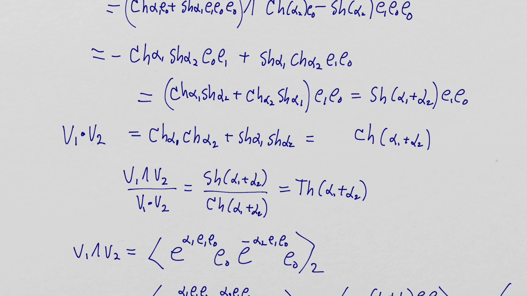And likewise, we calculate v1 dot v2, and we get the same sort of thing, but it is the hyperbolic cosine of the sum of the two rapidities, alpha 1 and alpha 2. And of course, this one here is a bivector, and this one here is a scalar. Then we just take the ratio of the two, and we get the sine over the cosine, which gives us the hyperbolic tangent of the sum of alpha 1 and alpha 2.